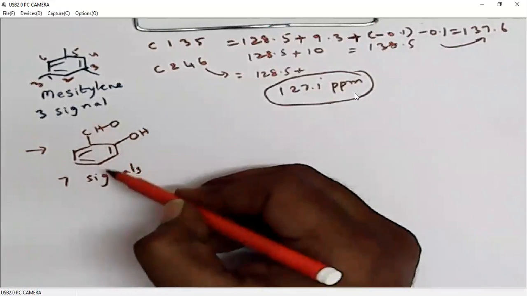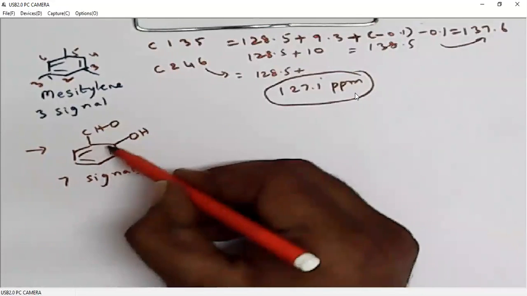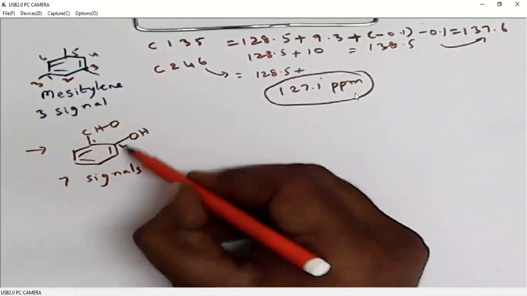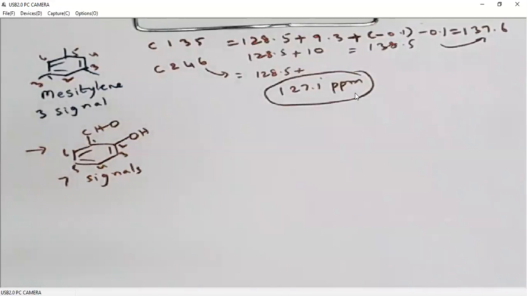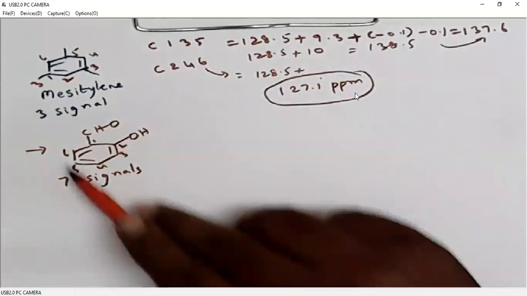Now to calculate the aromatic carbons 1, 2, 3, 4, 5, 6, I will number them like this. Of course, the aldehyde will appear at around 200, 210 something like that. We are not worried about that. We are worried about these things.